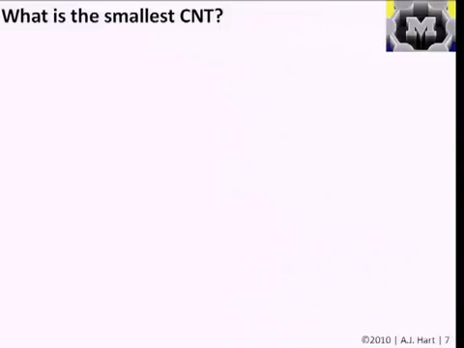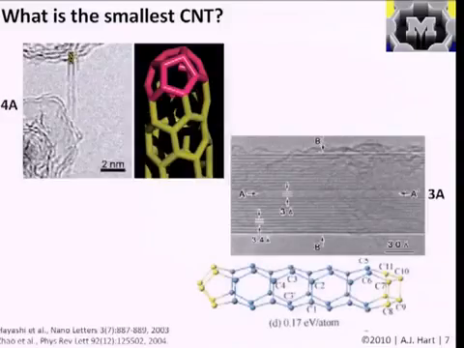Okay. So it turns out that the smallest nanotubes, you don't necessarily have the hexagonal ring around from the top, but it's pretty close to that. I guess you get into the definition of when you start to break down the idea of rolling up a sheet.